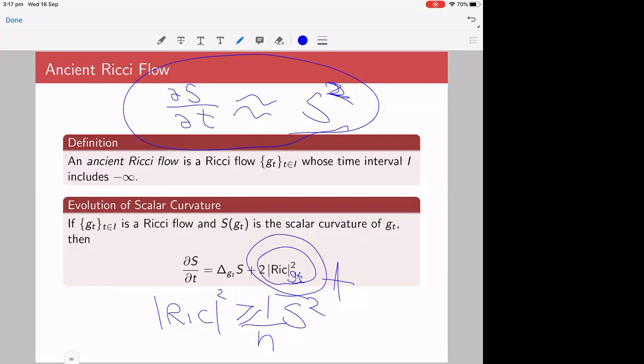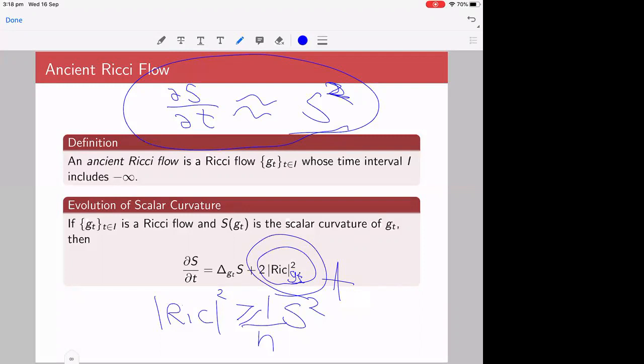So this can be made precise in the compact setting very easily with the maximum principle. Because if your manifold is compact and your scalar curvature at any point and at any time happened to be negative, you would simply take the point that extremizes that negative value of the scalar curvature, run your flow backwards in time, and you would get blow up in finite time.